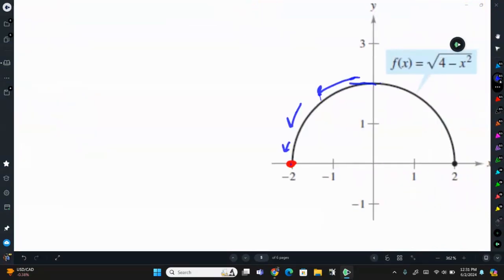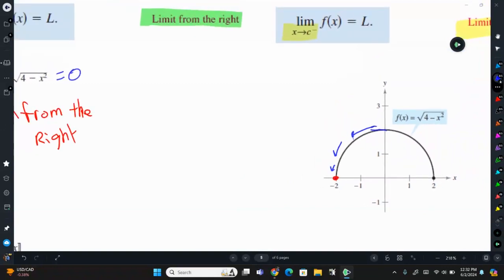Now from the left, there is no limit because there's no function over here on the left side. So we would say that the limit from the left doesn't exist, but the limit from the right does. It's 0. And because the one-sided limits don't equal the same thing, if I were to ask you the limit as x approaches -2 of the square root of 4 minus x squared, that does not exist because you can't approach that from the left side.